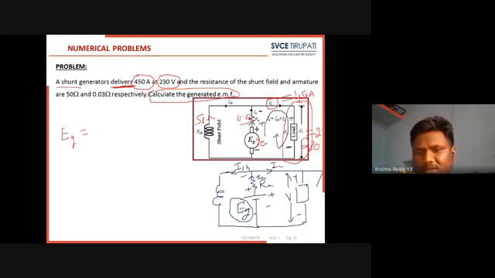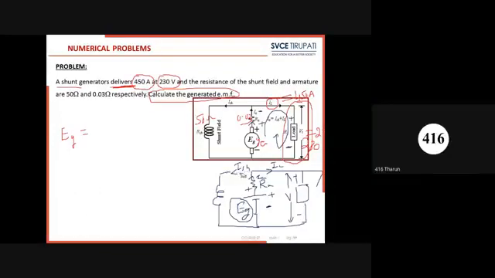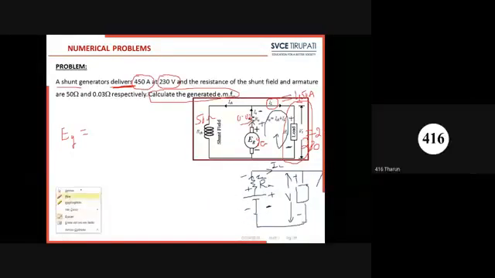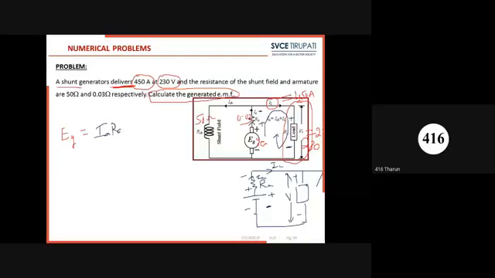Eg is equal to... Can anyone tell me the equation? Hello? Eg is equal to IA RA plus V.